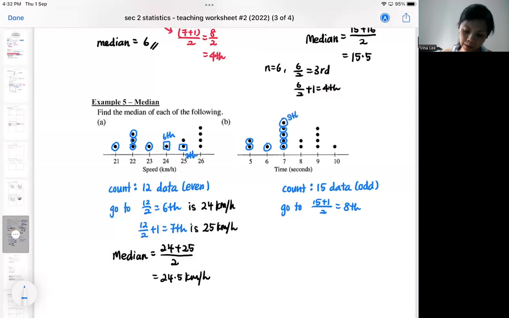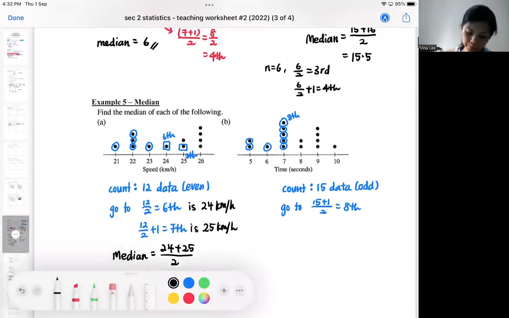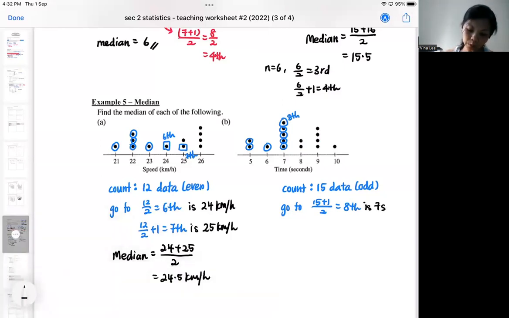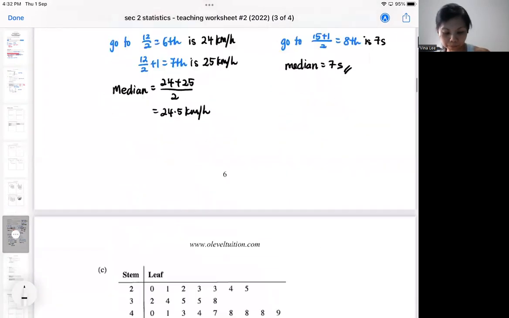So this is the 8th data. The 8th data is 7 seconds. So the median is 7 seconds. That's how we tell the median from the dot diagram. It is still under the category whether it's odd or even.